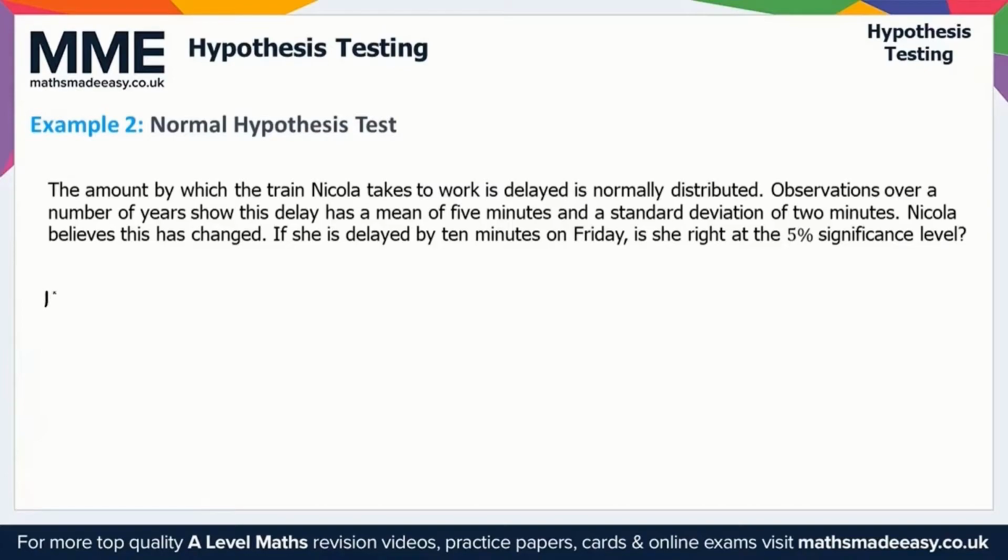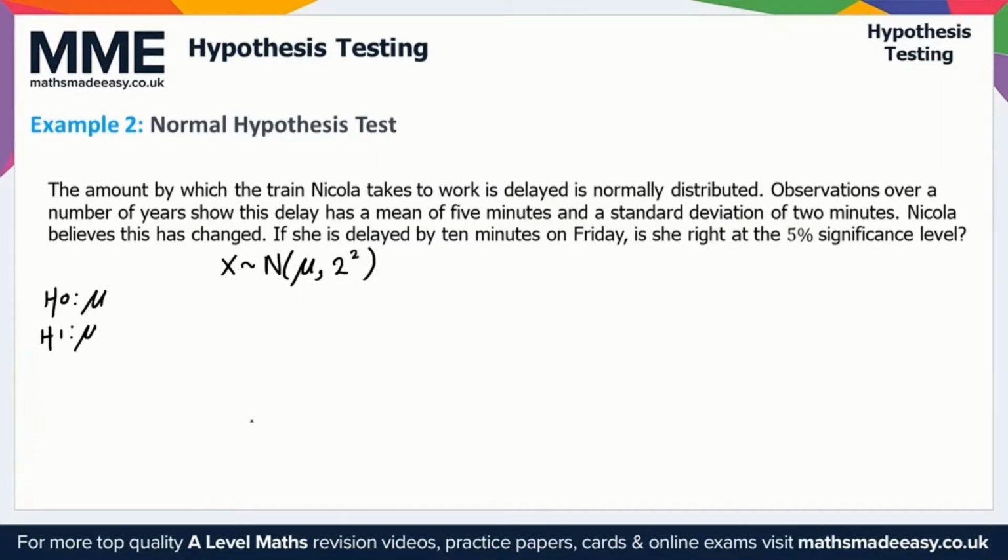So our hypotheses here will be H0 and H1. And remember, for a normal hypothesis test, we're using the Greek letter mu here to represent the mean. So that's mu and mu again. And if we just quickly define the distribution here, well, we're saying X is a normal distribution with mean mu, and variance here, well, the standard deviation is 2 minutes, so variance will be 2 squared there.